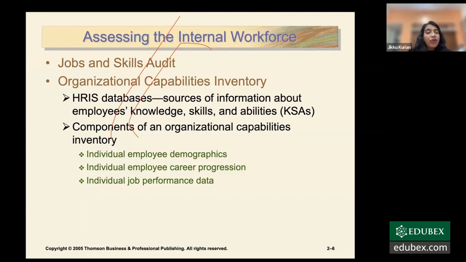Next is components of an organizational capabilities inventory: individual employee demographics, individual employee career progression, and individual employees' job performance data. So the organization will have details of every employee.